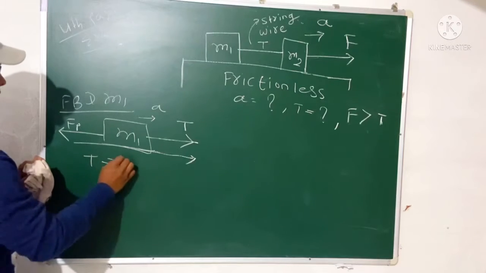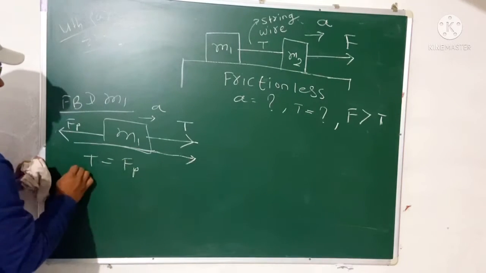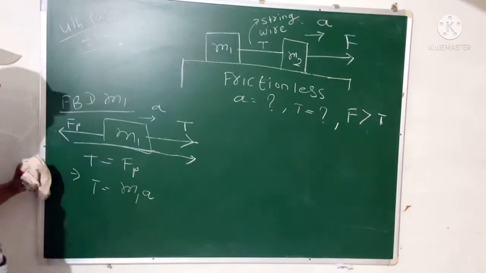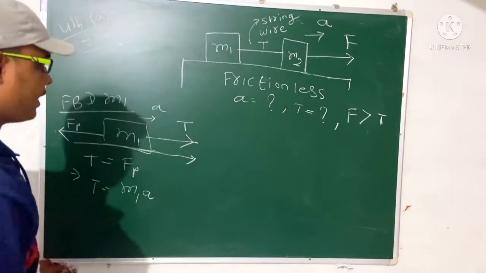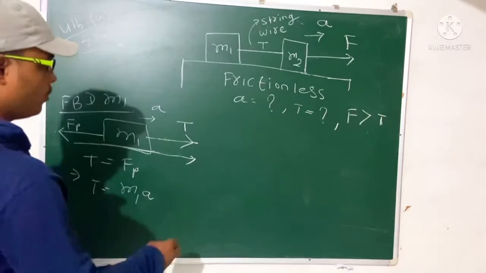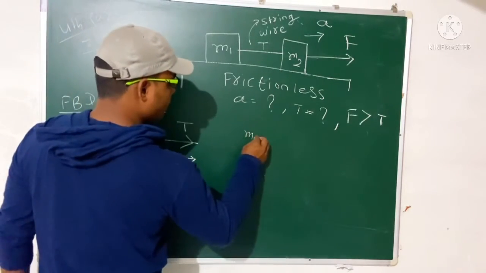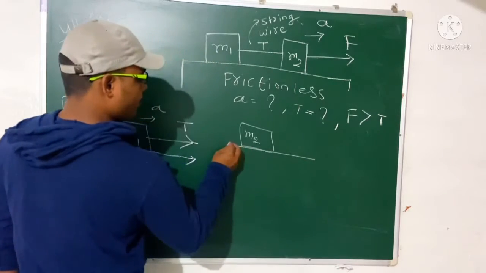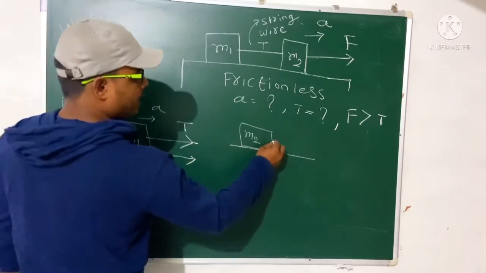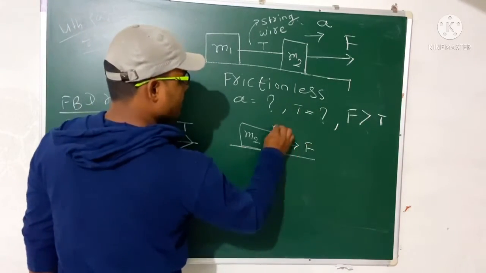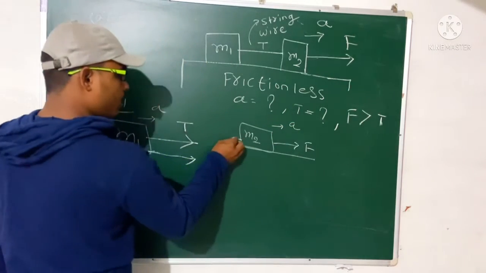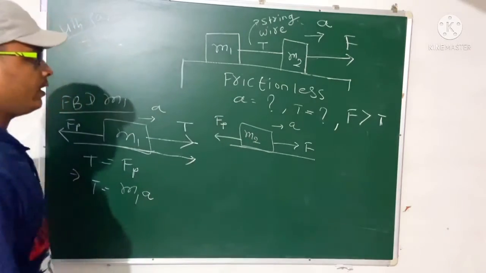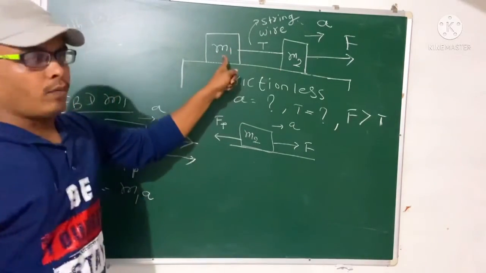So what is the FBD? T equal to FP. That means T equal to M1a, the pseudo force. Now when we discuss your second object, that is M2, what's happening in the M2 case? In the M2 case, there is a force and there is acceleration, so there will be a pseudo force, right? And remember one more thing: M2 is pulling M1.